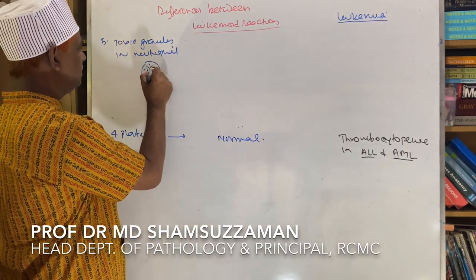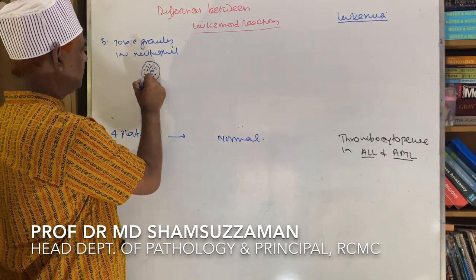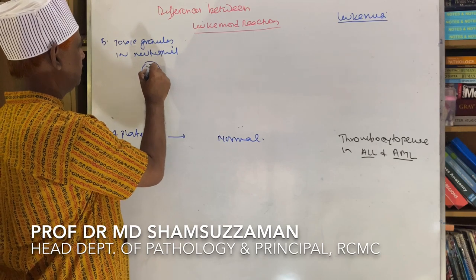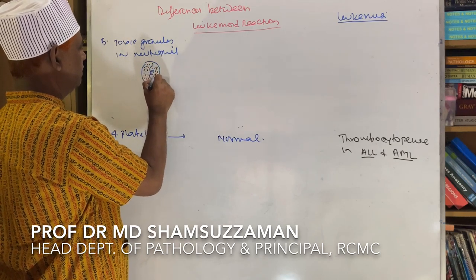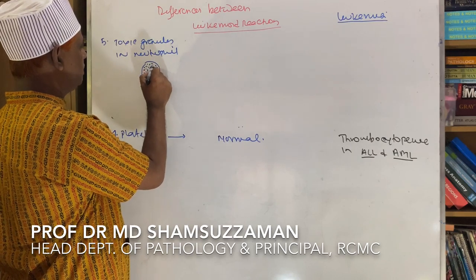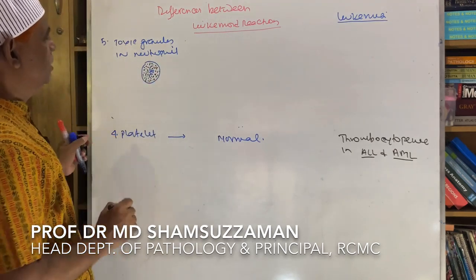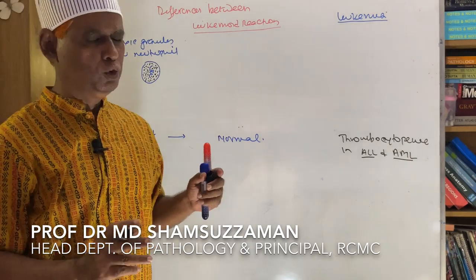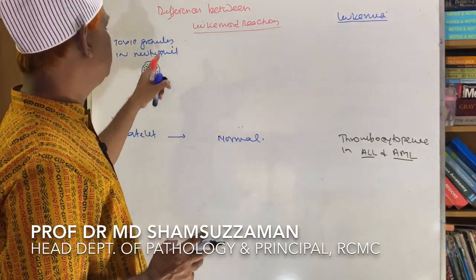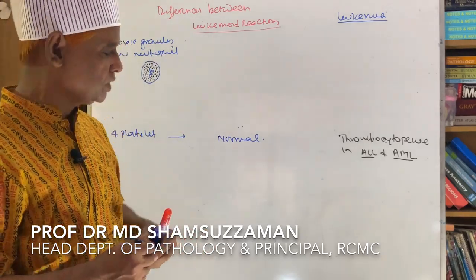As acute pathogenic infection is a cause of myeloid leukemoid reaction, we will get toxic granules in neutrophil in myeloid leukemoid reaction.